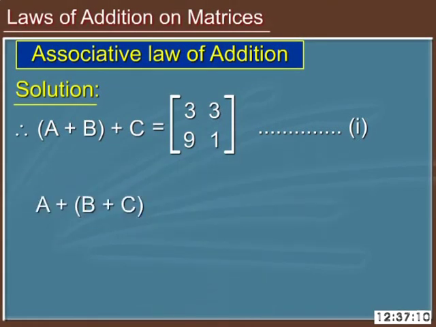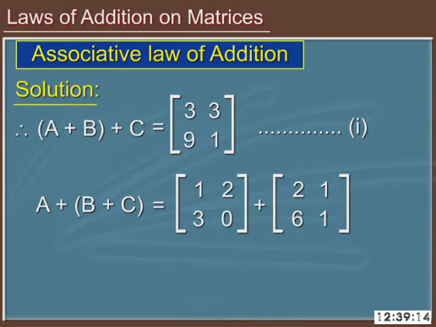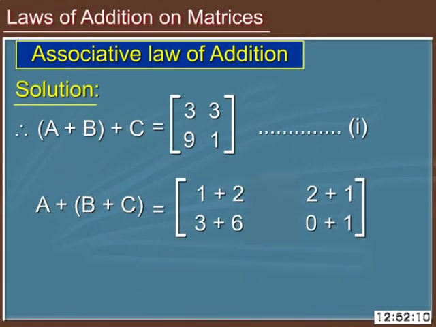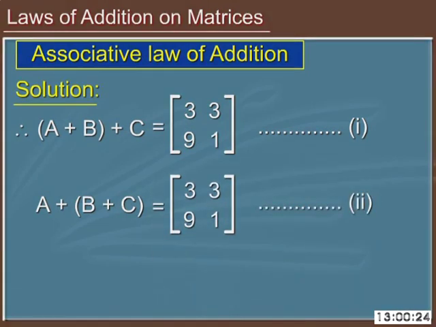So further, A plus (B plus C) will be equal to matrix A plus matrix (B plus C). That will be equal to a square matrix of order 2 having first row elements as 1 plus 2 and 2 plus 1, second row elements as 3 plus 6 and 0 plus 1, that is equal to a square matrix of order 2 having first row elements as 3 and 3, second row elements as 9 and 1.